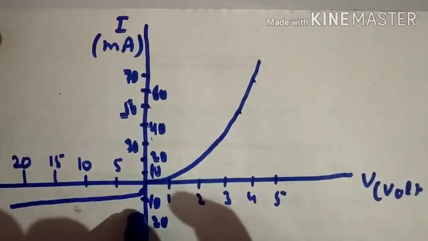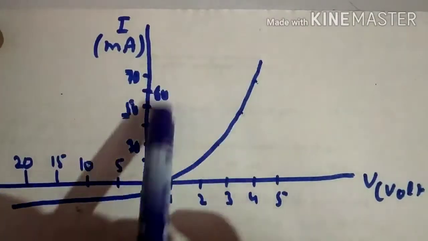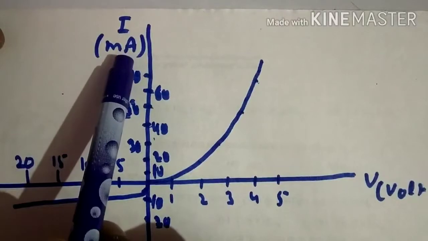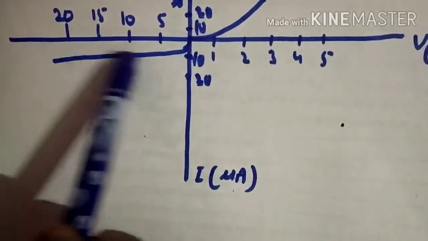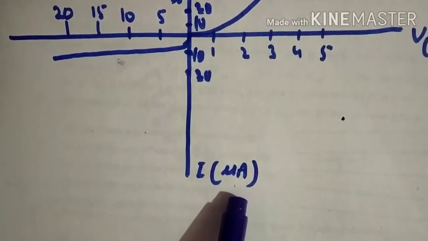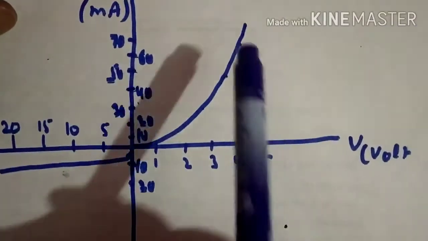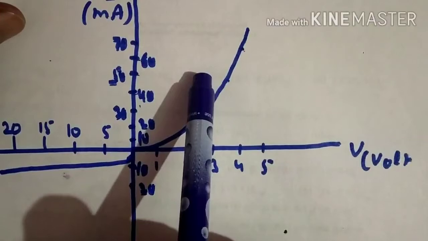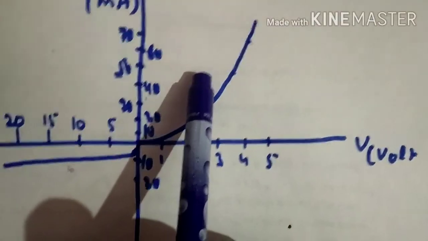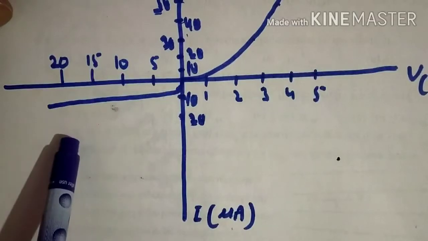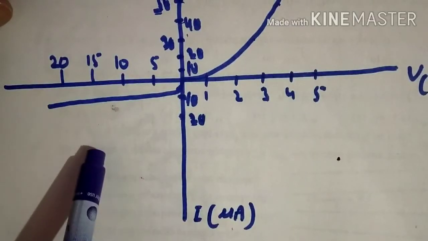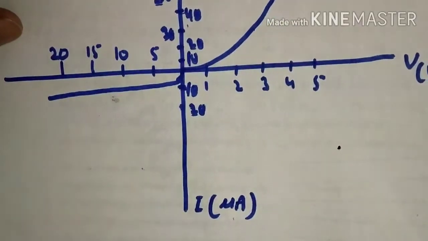On the y-axis, the current in the forward biasing I am representing in milliampere, whereas the current in the reverse biasing I am representing in microampere. So this quadrant is representing the characteristic curve in forward bias, and this quadrant is representing the characteristic of the PN junction diode in reverse biased.